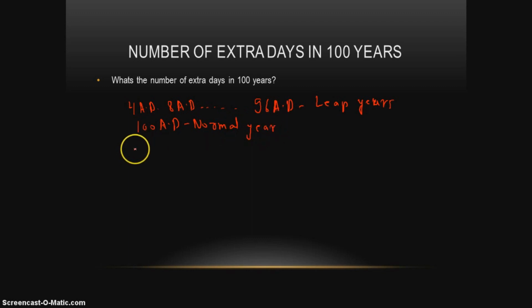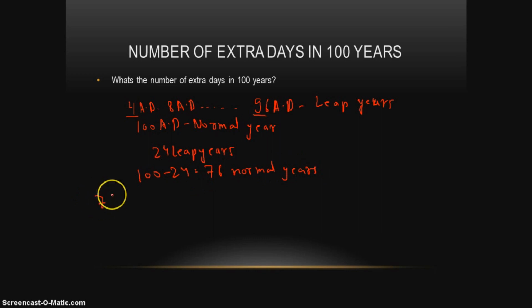So that means from 4 AD to 96 AD we have 24 leap years, and 100 minus 24 equal to 76 normal years.